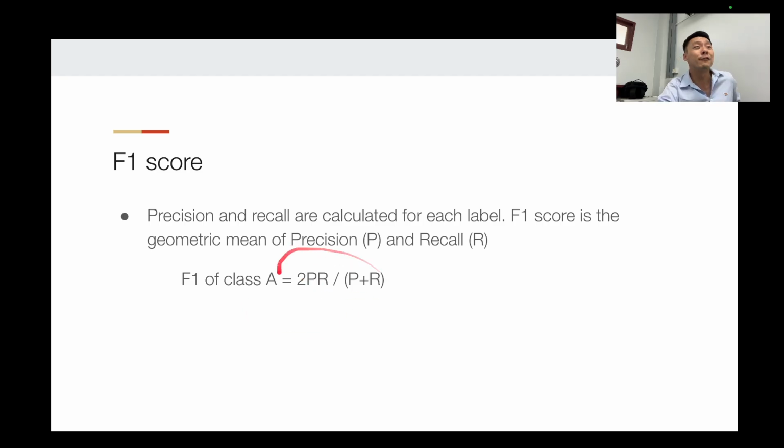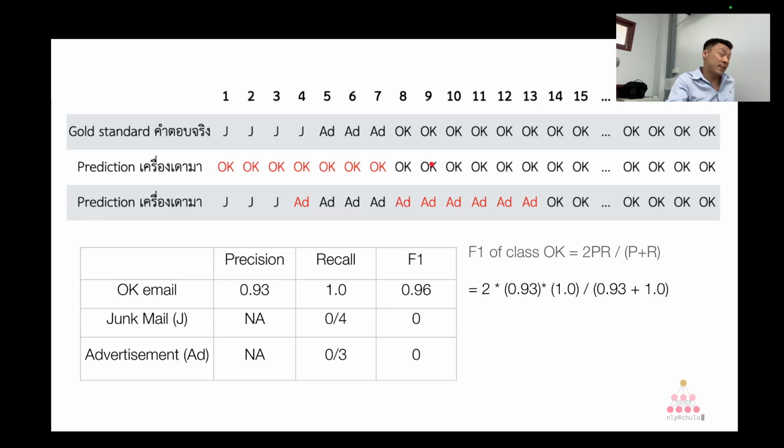It has this formula, and I have been doing NLP for almost 20 years and I look up the formula every time. So it's okay if you don't know it, you can always look it up. It's kind of weird: 2 times P times R divided by P plus R.